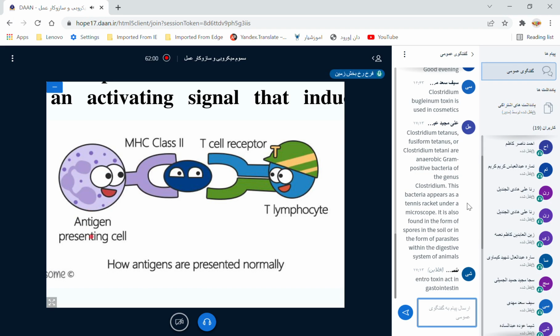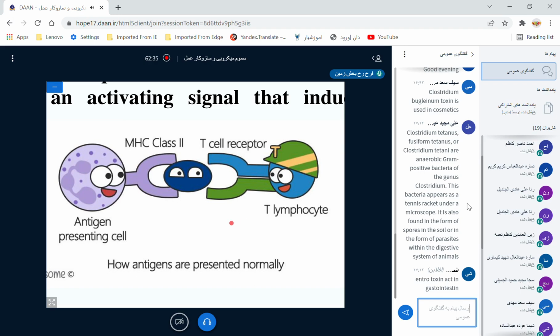This antigen presenting cell has the antigen and goes to the T cell. Together, there is an attachment between MHC class 2 of the antigen presenting cell and the T cell receptor of the T lymphocyte, and T cells induce antibody production, but this is for normal antigens.